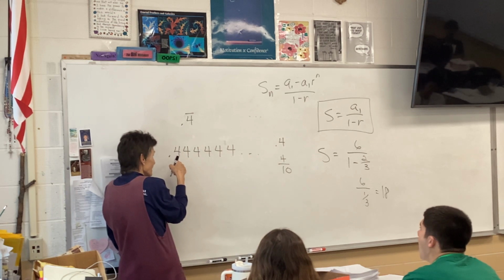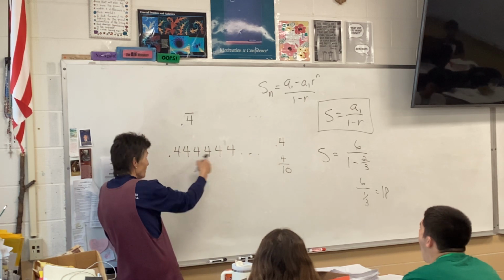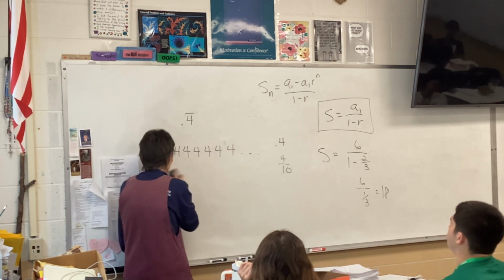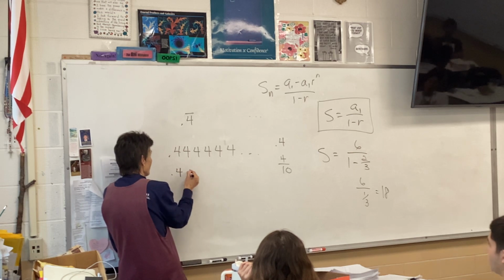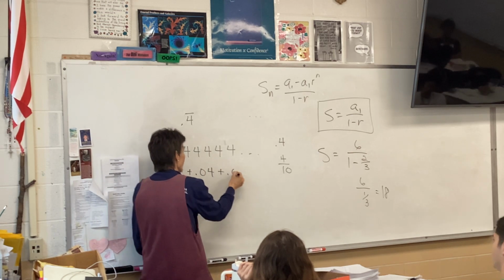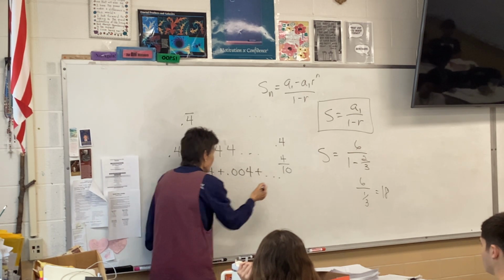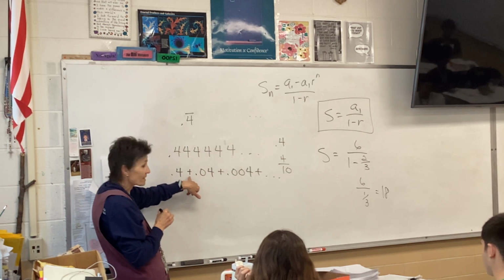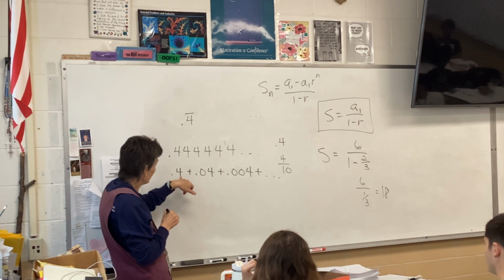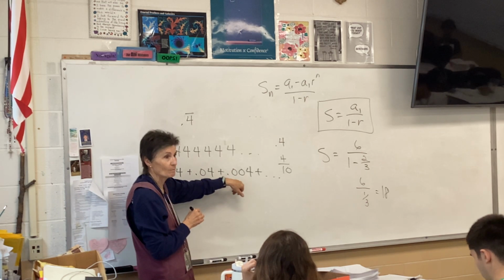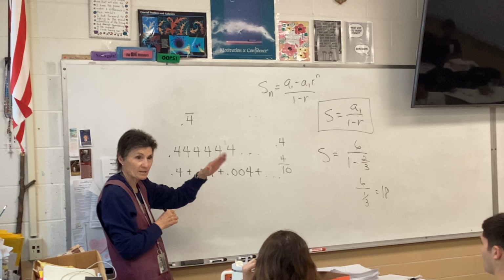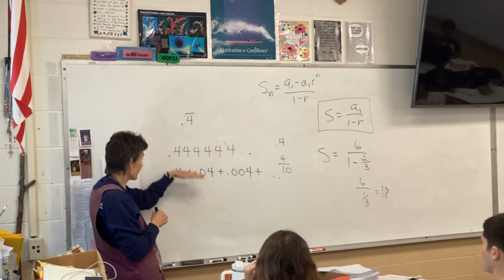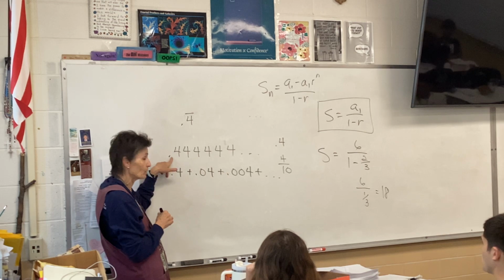Could I expand this repeating decimal: 0.4 plus 0.04 plus 0.004 and so on. Could I rewrite this as a sum of infinitely many decimals, where I just keep adding a zero as I go down the line? Think about lining these up and adding them together. Wouldn't they give you this?